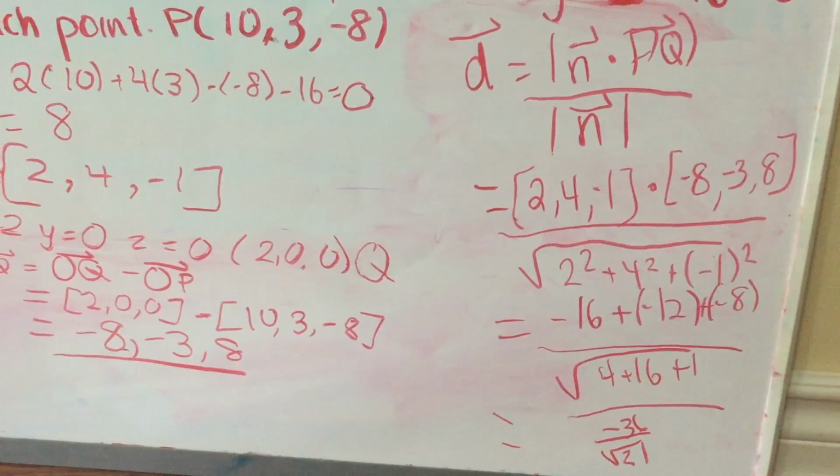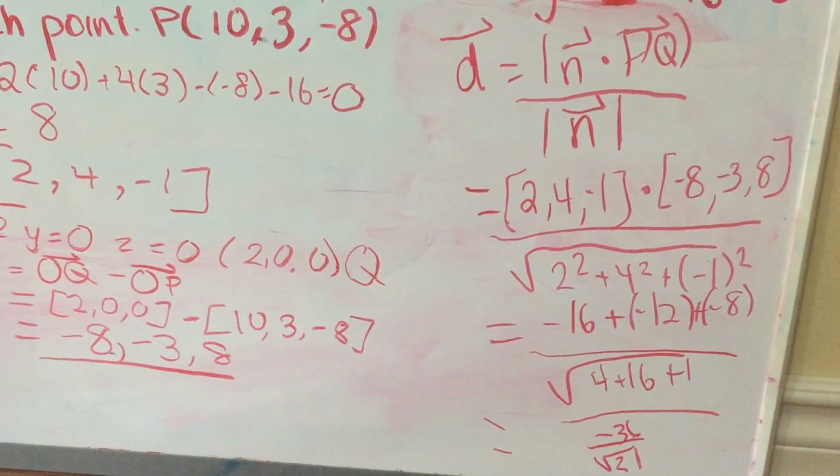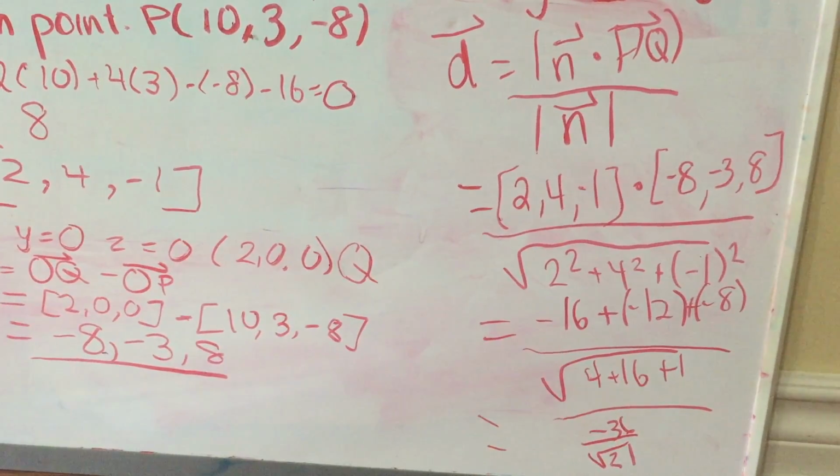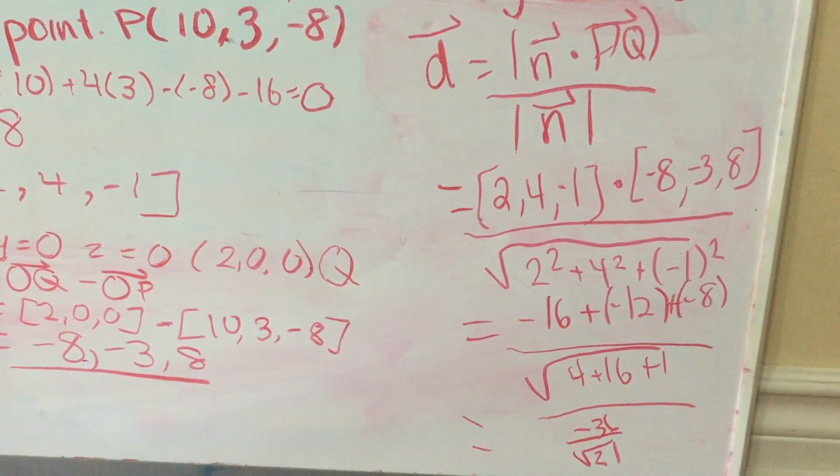So our final answer we get is -36 over square root of 21. So therefore, our distance between the point and the plane is going to be 36 over square root 21 in the negative direction.